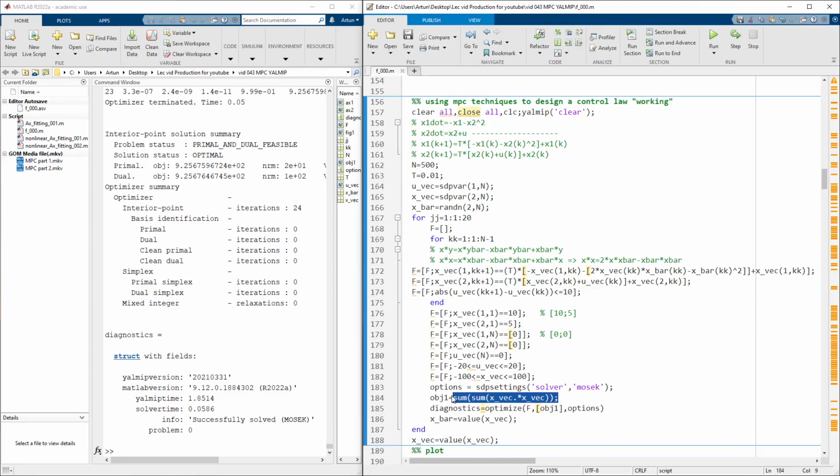Again, we try to minimize this objective function, which is summing over these quadratic terms. This is something that we are used to now. Then we optimize that and get the x bar.